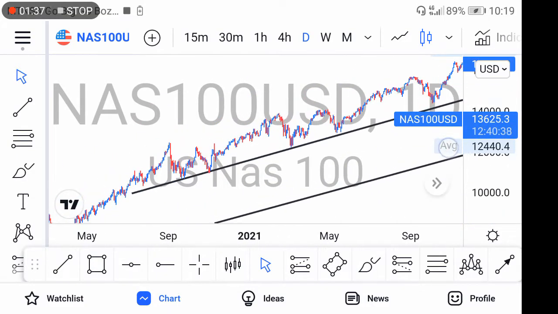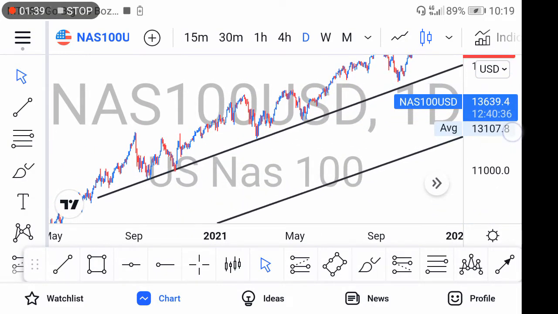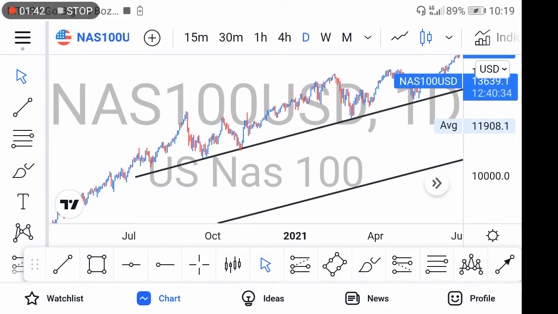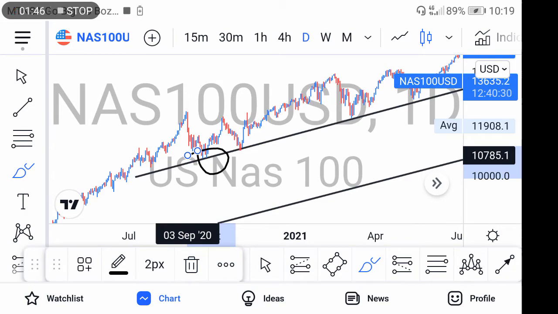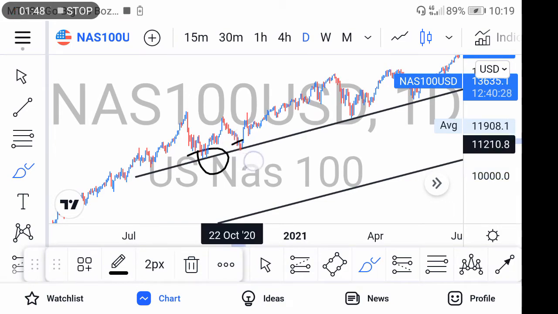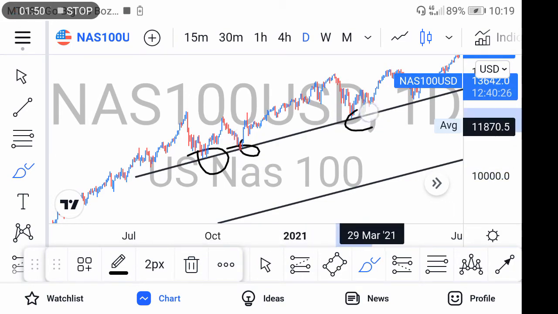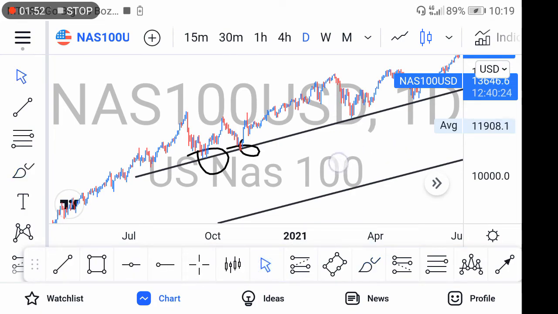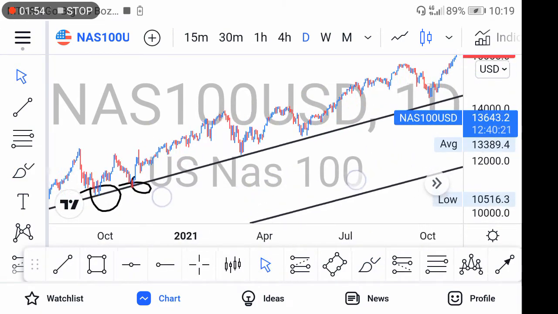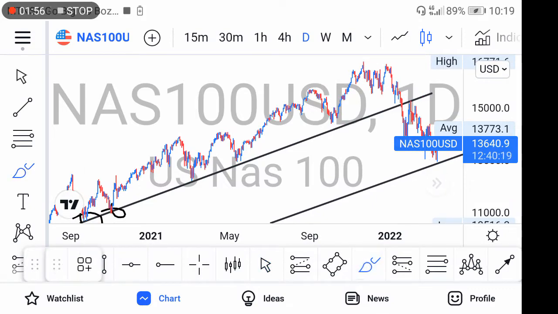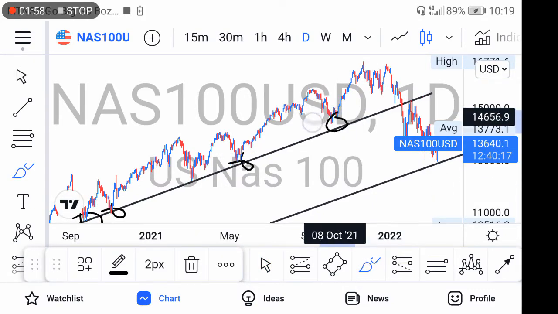So when price touches our daily trend line, we look for a buying opportunity. Each time price touches the trend line, our daily, we look for a buying opportunity.